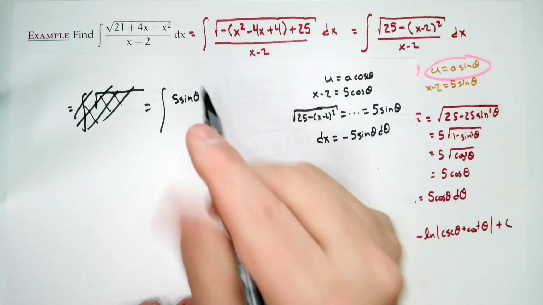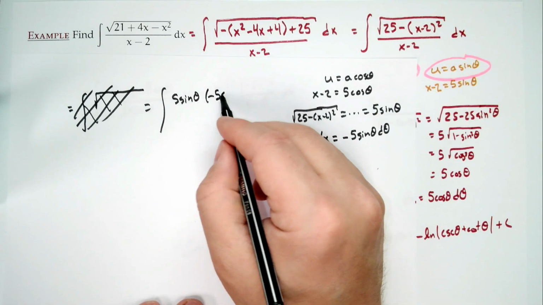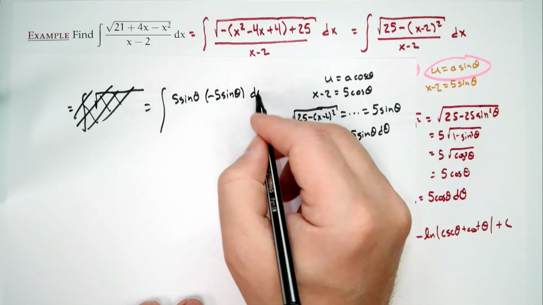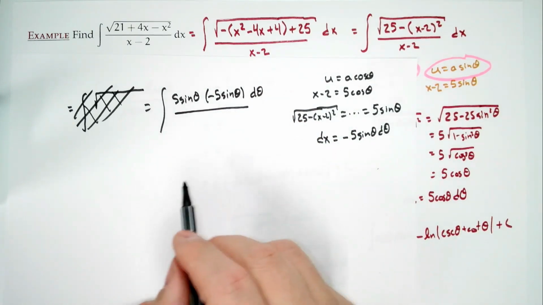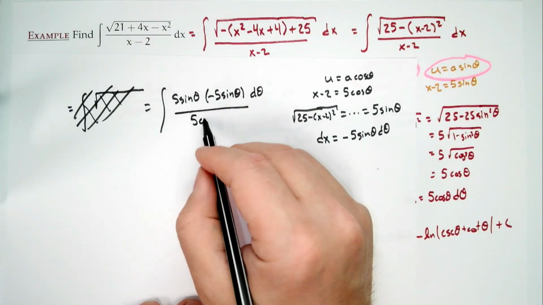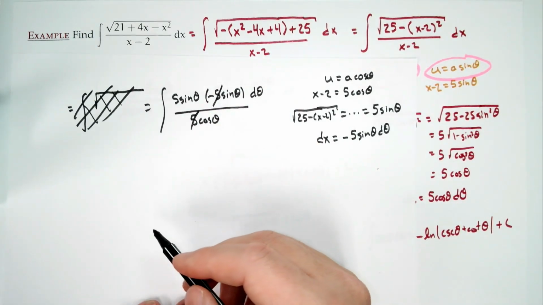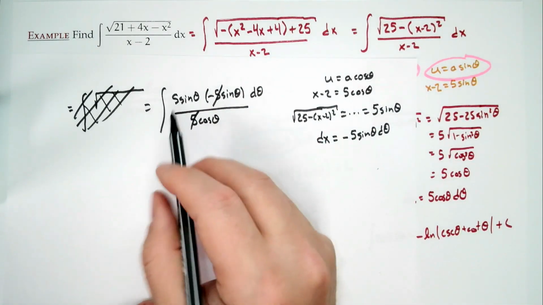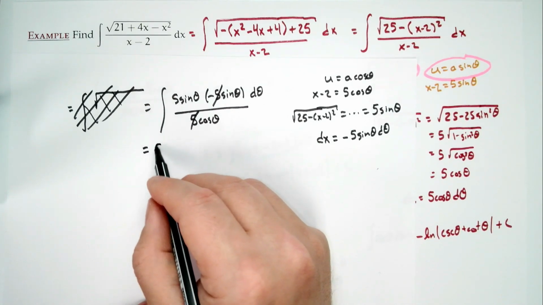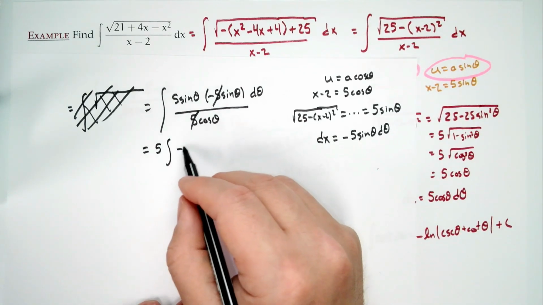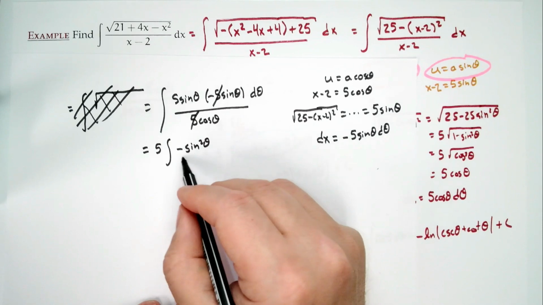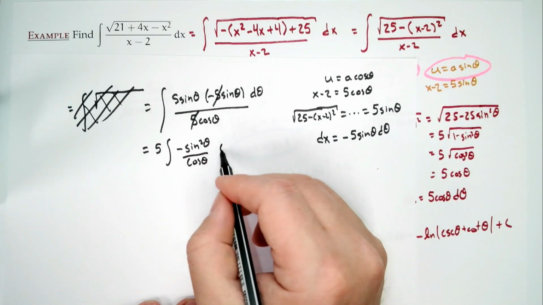The dx becomes minus 5 sine theta d theta, and the x minus 2 becomes 5 cosine theta. Well, the 5's cancel. That's good. Like before, we can pull a 5 out. We have the integral of minus sine squared theta over cosine theta d theta.